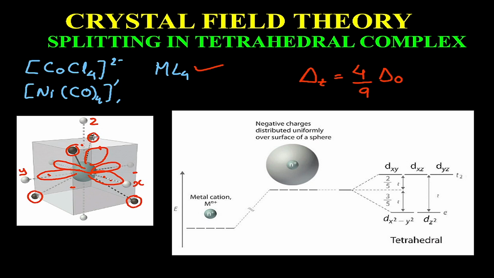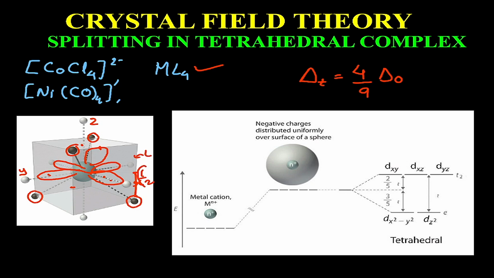So in tetrahedral geometry, the incoming ligands are neither coming from the axis nor from the plane, but they are coming in between. When we measure the distance for dxy, dyz and dzx, the distance will be L by 2, where L is the length of the cube.